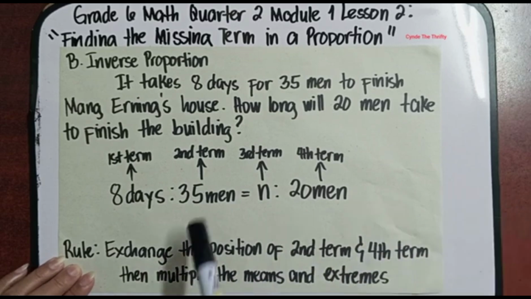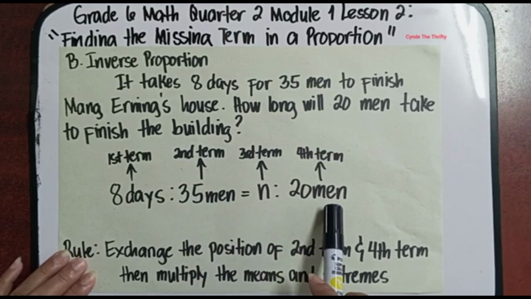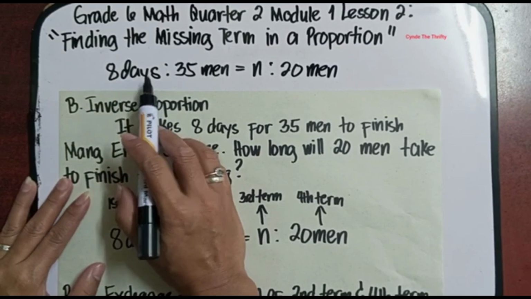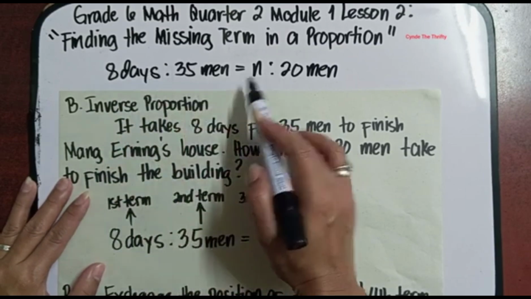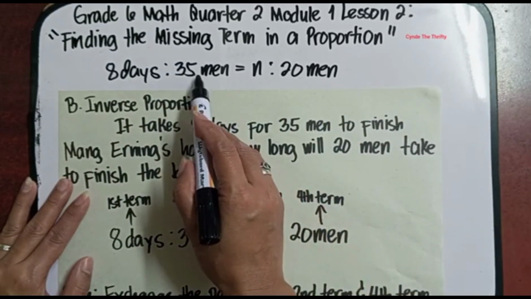Okay, saan yung second term natin? Si 35 men at si 20 men. So, ibig sabihin, i-exchange natin ang kanilang position. So, ganito ang given natin. 8 days is to 35 men equals N is to 20 men. So, i-exchange natin ang ating second term at fourth term.